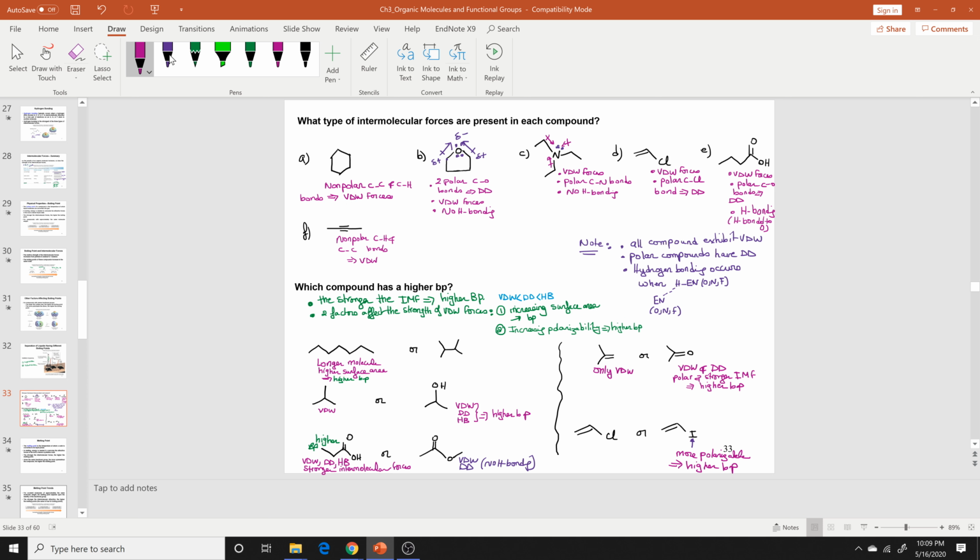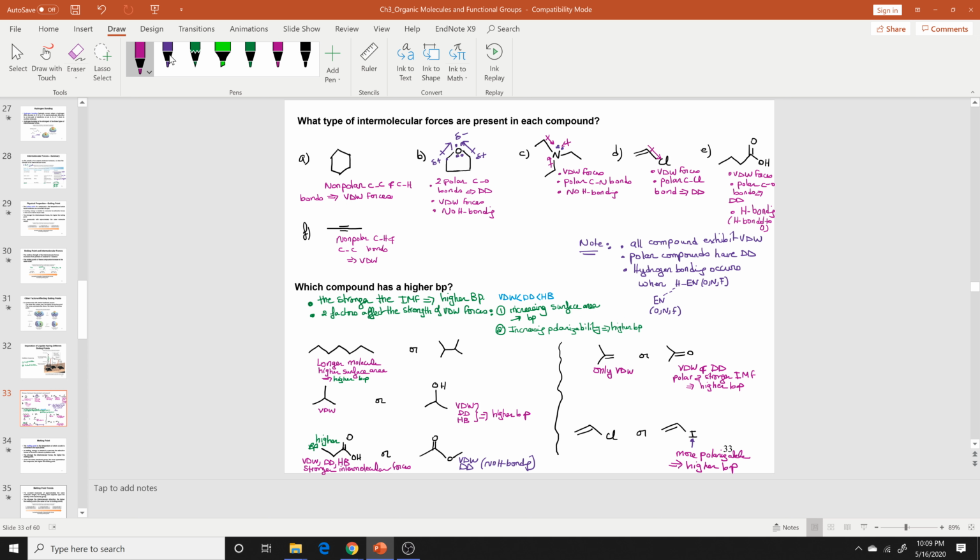These are the CN bonds, and they are polar. You don't have any hydrogen bonding, and you have van der Waals forces because you have carbons. Here you still have van der Waals forces. You do have polar CCl. You do have dipole-dipole, so two types of intermolecular forces.